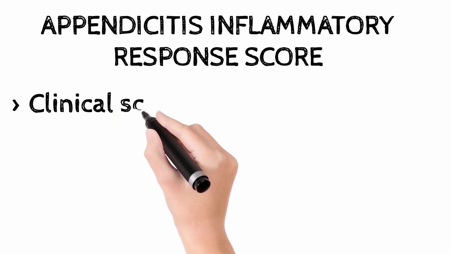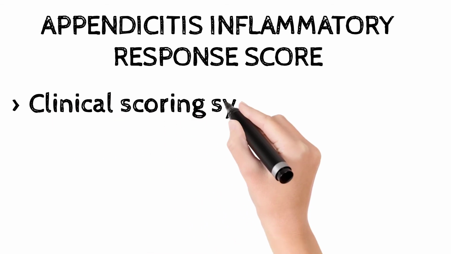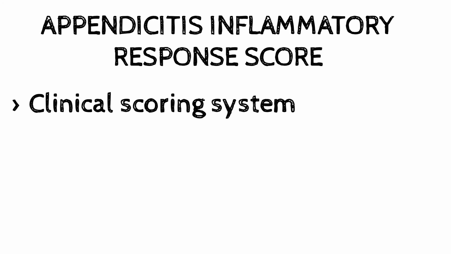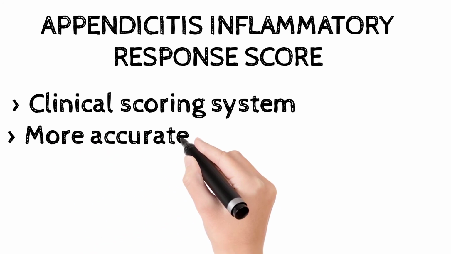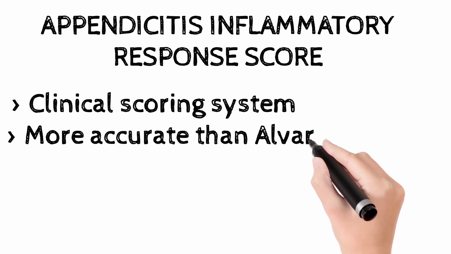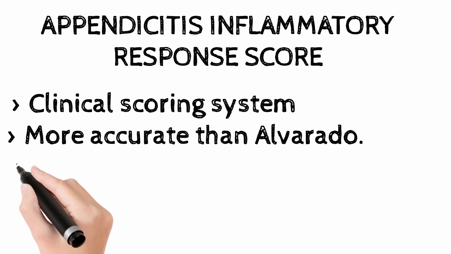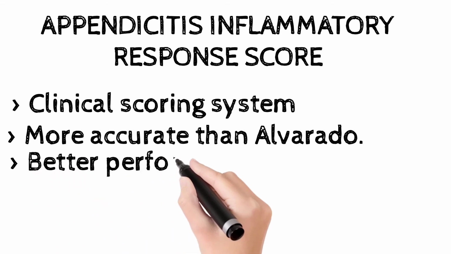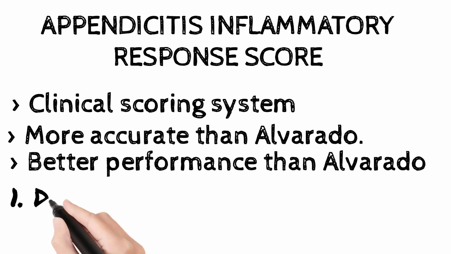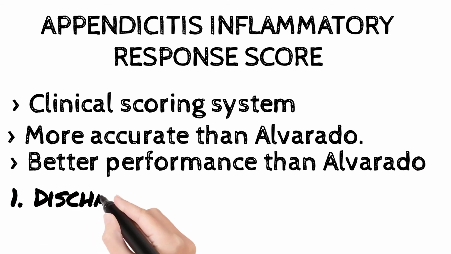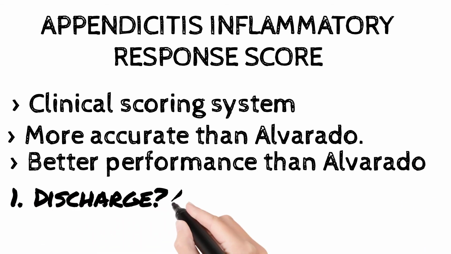As I've already mentioned, Appendicitis Inflammatory Response score, together with Alvarado Score, Adult Appendicitis Score, RIPASA Score, Pediatric Appendicitis Score, are clinical scoring systems that are used in suspicion of acute appendicitis. The Appendicitis Inflammatory Response score is considered to be superior to the Alvarado score.